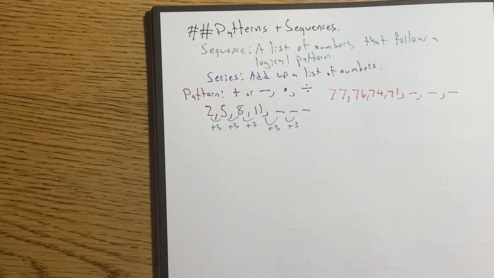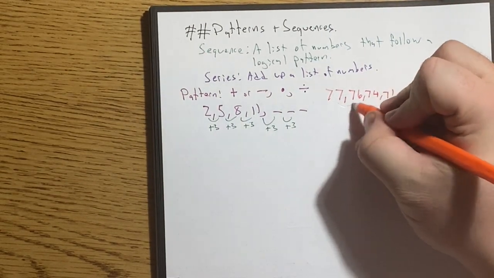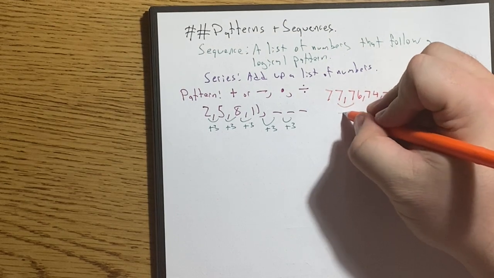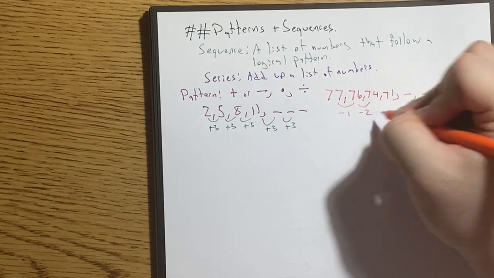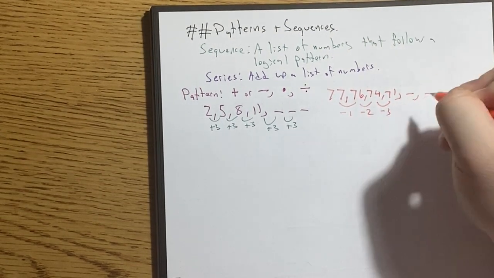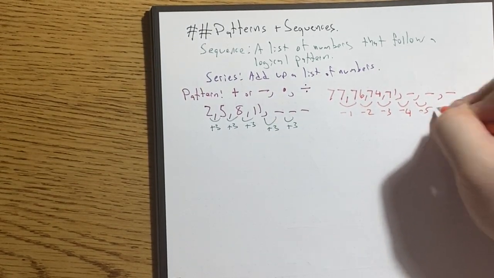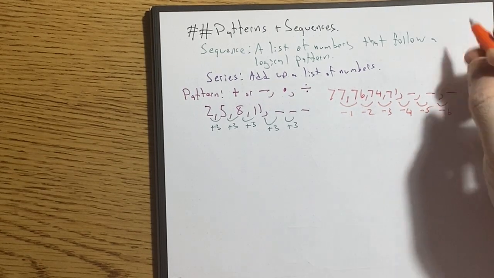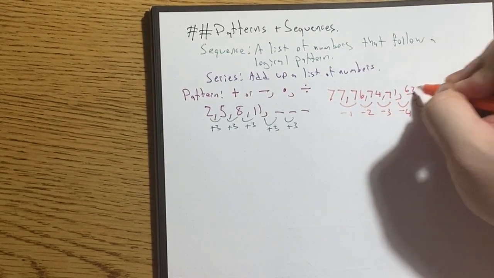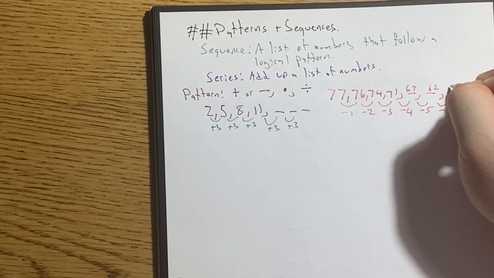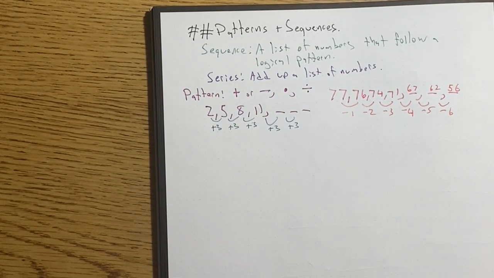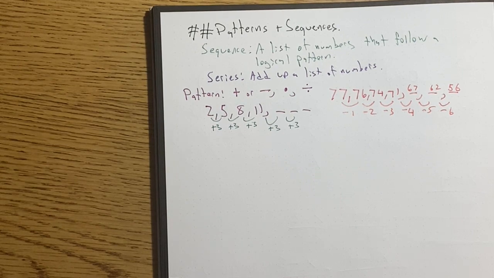Once again, I would look at what's happening here: minus 1, minus 2, minus 3, which hopefully tells you to do minus 4, then minus 5, and minus 6, and you get 67, 62, and 56.